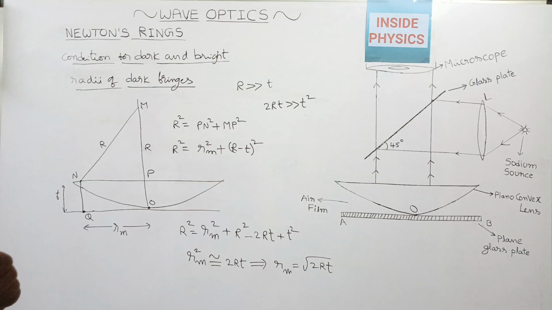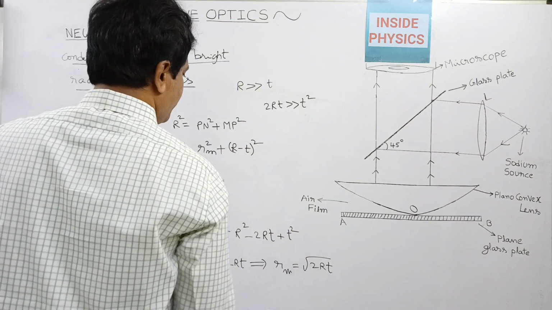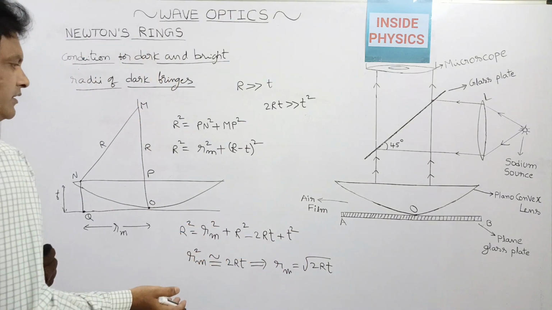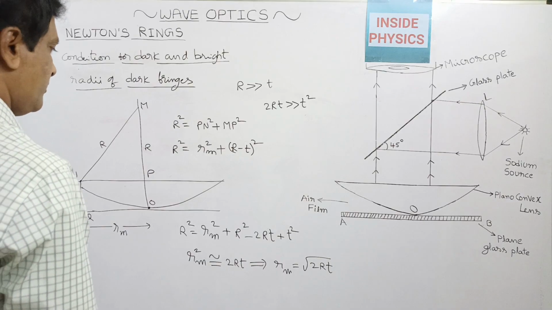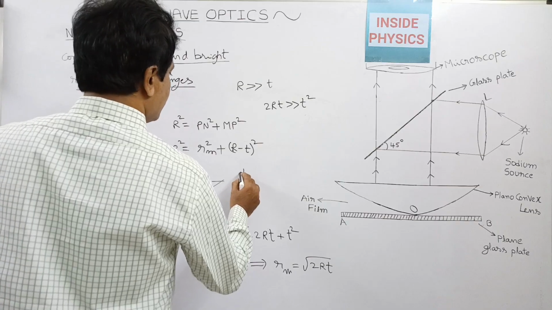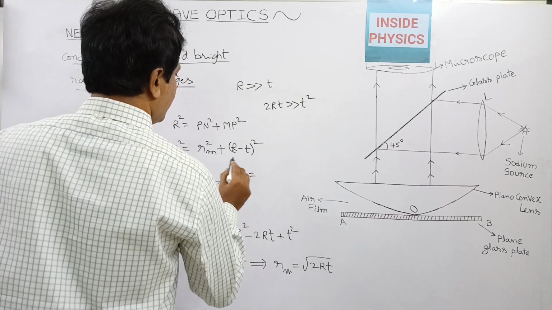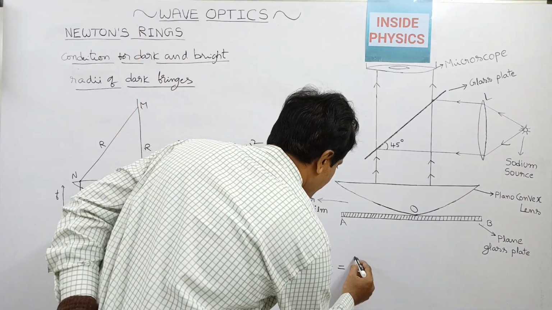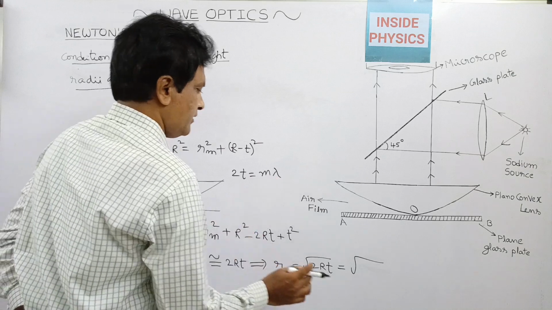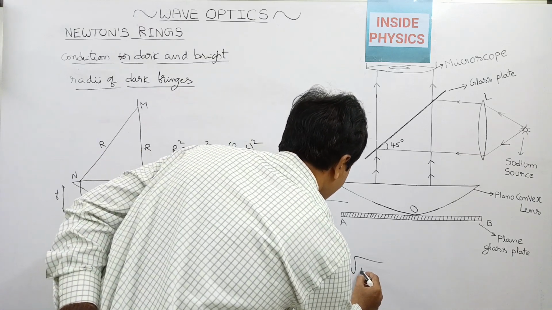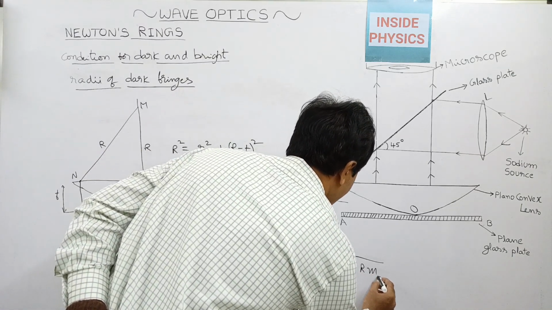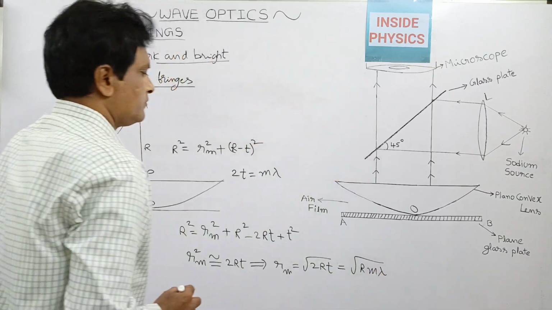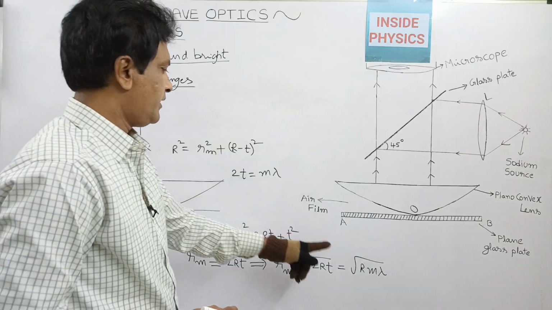Okay, so for a dark fringe, what is the thickness? Previously we have derived the thickness for a dark fringe. It is m lambda. As from 2t, if you take m lambda, this will become R m lambda. Okay, in place of 2t I have written m lambda.